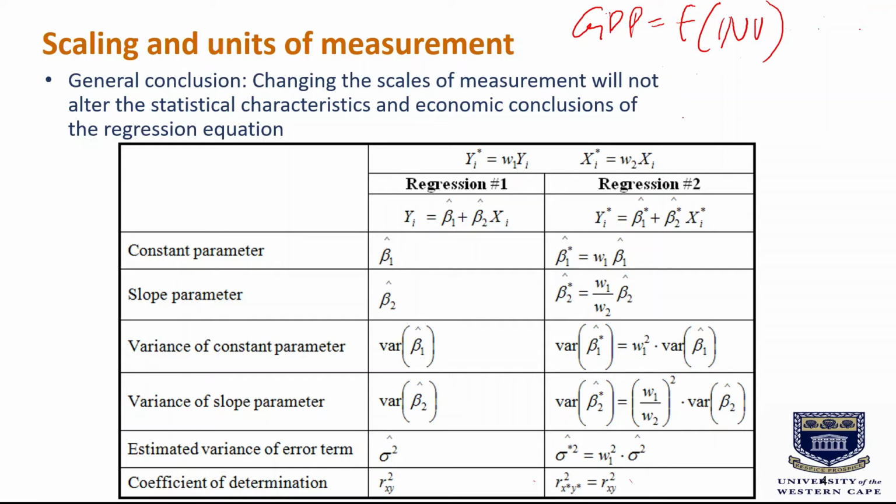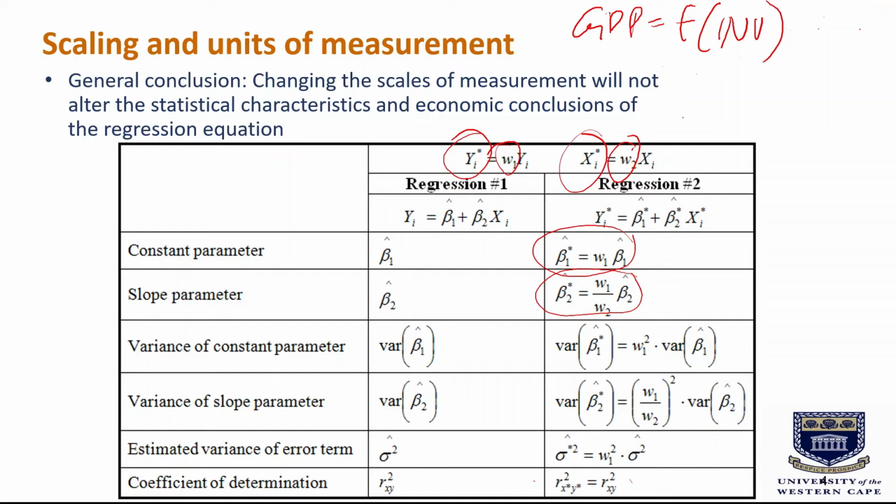In other words, you want to determine a Y star and an X star, and by implication, a W1 and a W2, such that you can apply these formulas over here. Okay, so in this case, again, the simplest way to think about what the value of W1 and W2 should be is to ask how many billions fit into 1 trillion. So how many units of the scale to which I wish to convert fit into my current measurement unit?